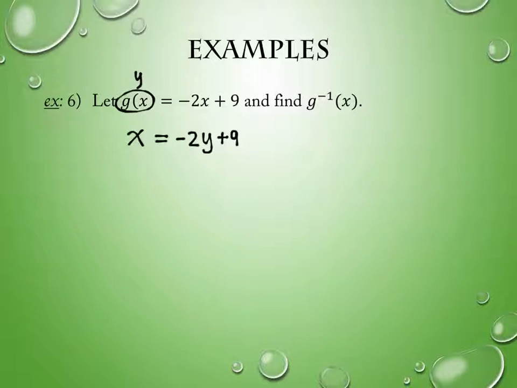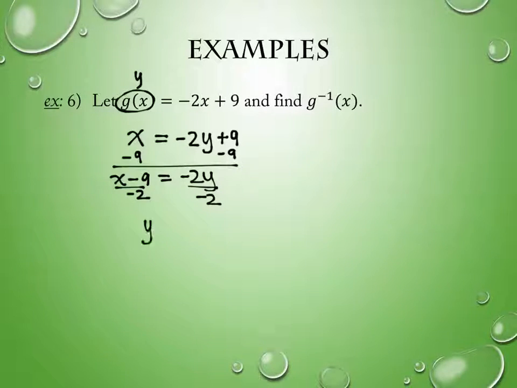All right, what was the second step? Solve for y. So first thing I would do is subtract my 9. So I have x minus 9 equals negative 2y. And then what would I do? I would divide by negative 2. So my y equals x minus 9 over negative 2.